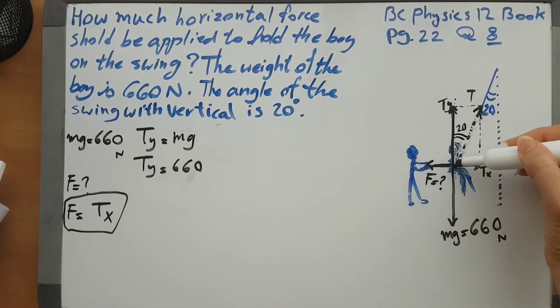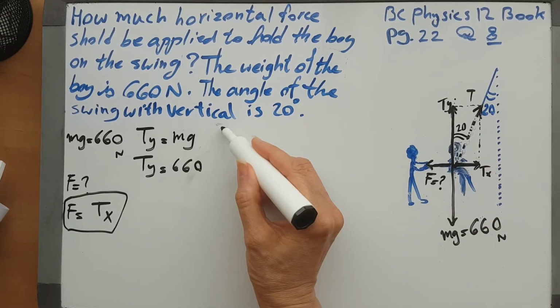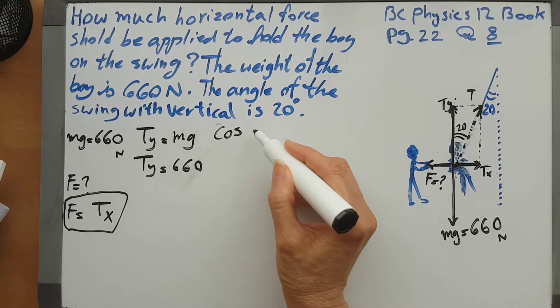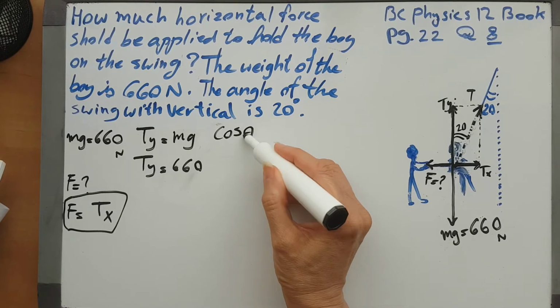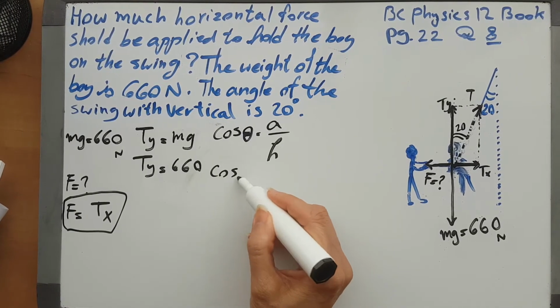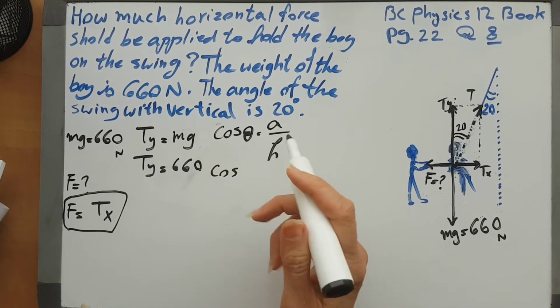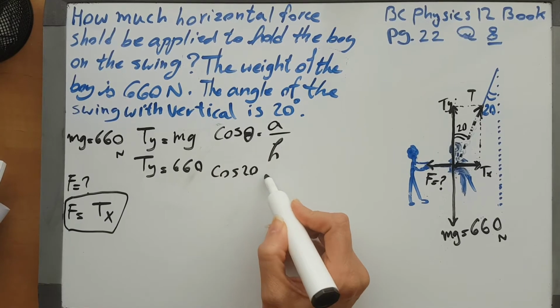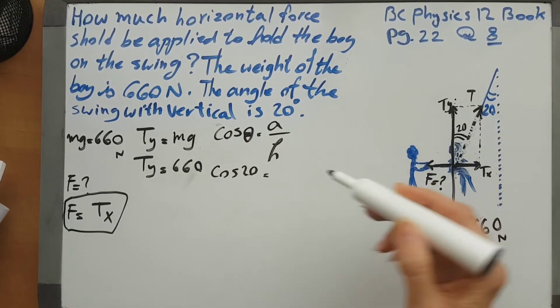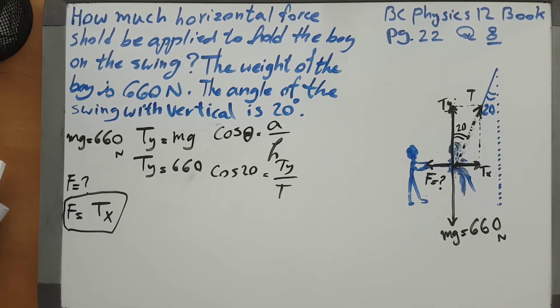The Ty in this triangle is adjacent to this angle, so I am dealing with cosine, which is cosine of theta equals adjacent over hypotenuse. So the cosine of 20 equals adjacent, which is Ty, over hypotenuse, which is T.